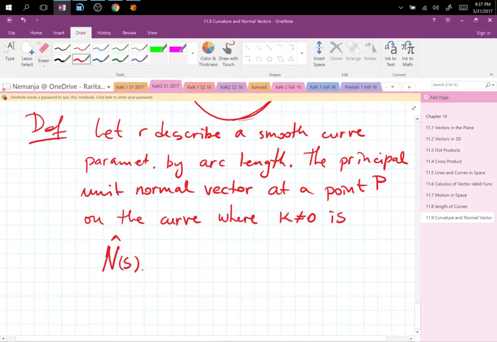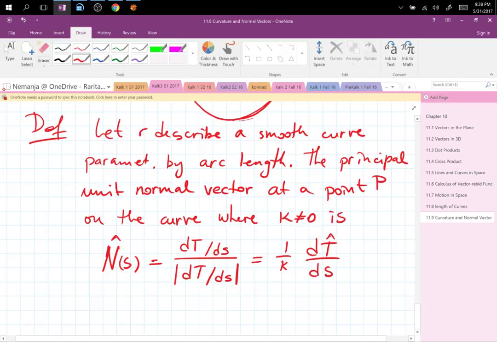Again, this is understanding the concept, not computing. It is going to be the change of the unit tangent vector with respect to parameter s divided by its magnitude, so we can get the unit out of it. Which is 1 over k, dT/ds.